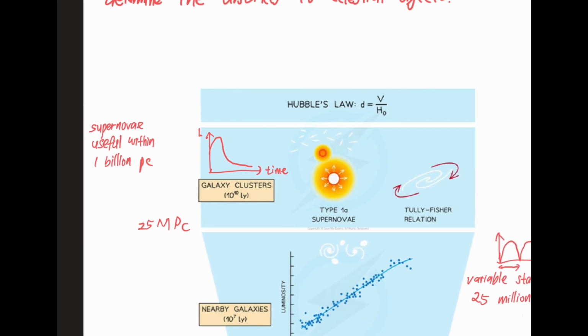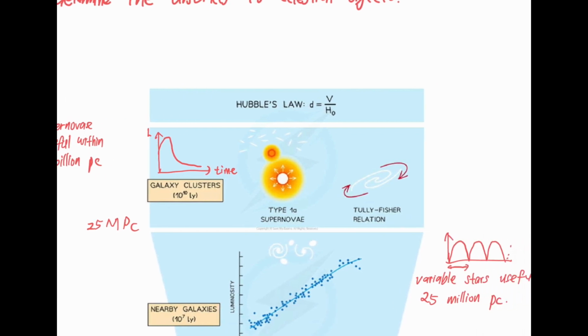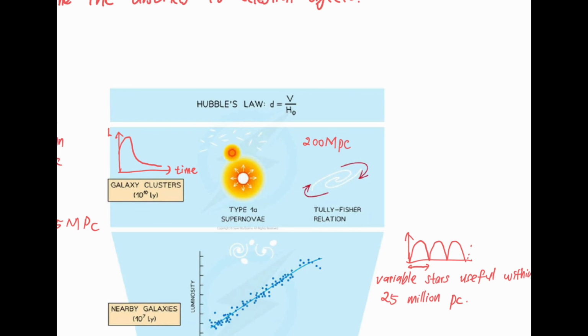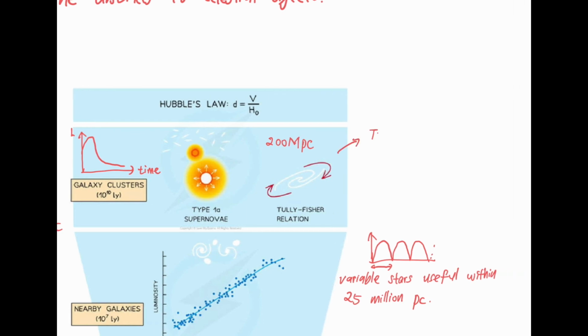And then this is another method, Tully-Fisher relation. So this method is called Tully-Fisher, which is useful within 200 million parsec.